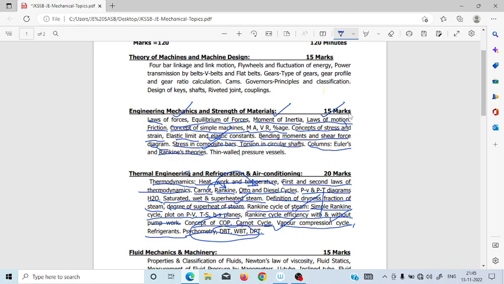Flywheels, fluctuation of energy. In flywheels and fluctuation of energy, the questions are basically numerical. From 4-bar linkages, the questions that come mostly in exams are theoretical. The next topic is power transmission by V belts, again a theoretical portion. In flat belts and V belts, there is some derivation part, but we will discuss those derivations in the classwork.